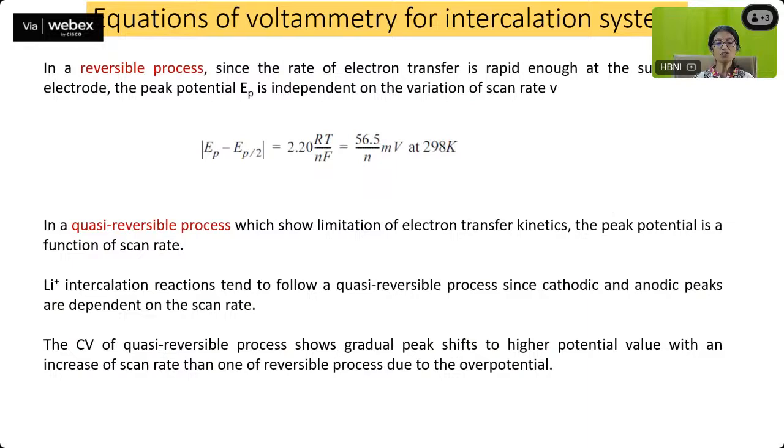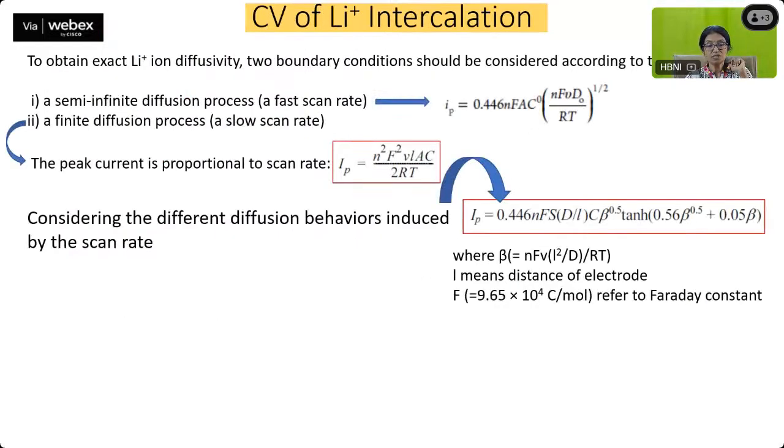So CV of a quasi-reversible process shows gradual peak shifts to higher potential values with an increase of scan rate than one of a reversible process, due to overpotentials. The moment you have a quasi-reversible process, when you increase the scan rate you will find your peak shifting to higher potential value gradually. And this immediately will tell you that your particular system is quasi-reversible.